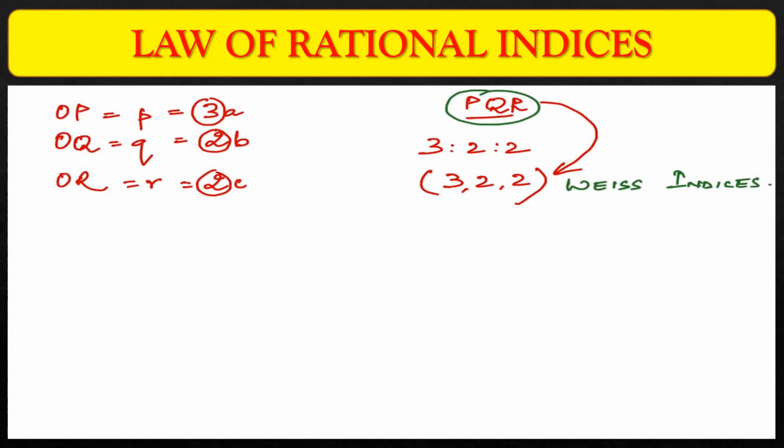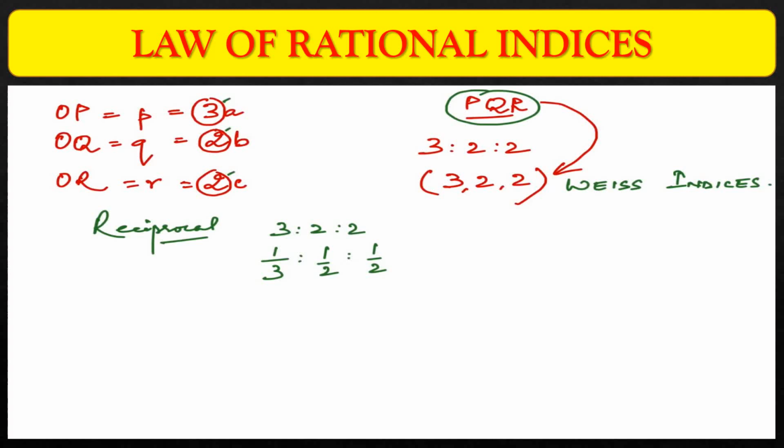So how do we do that? For that, the very first step is that we have to take the reciprocal of the ratio of these intercepts. So we have to take the reciprocal of the coefficients of these intercepts. So starting from the Weiss indices, the ratio was 3:2:2. Now take the reciprocal, that will be 1/3 : 1/2 : 1/2.